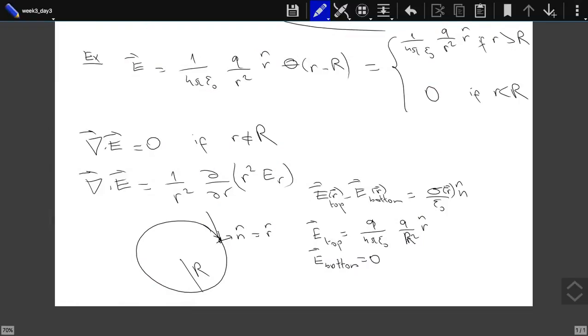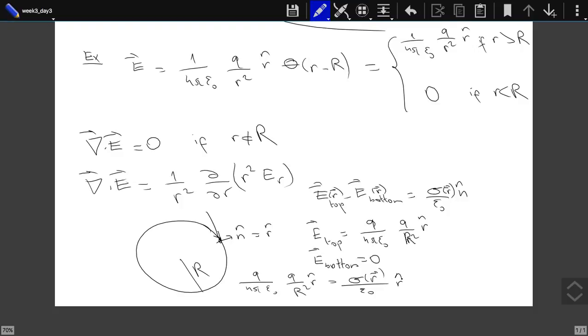Now if I take this difference, E top minus E bottom, I obtain 1 over 4 pi epsilon 0, Q over R squared in the radial direction. This is the left-hand side. Well, the right-hand side tells me that it is sigma at that point, divided by epsilon 0, and the normal direction is nothing but the radial direction.